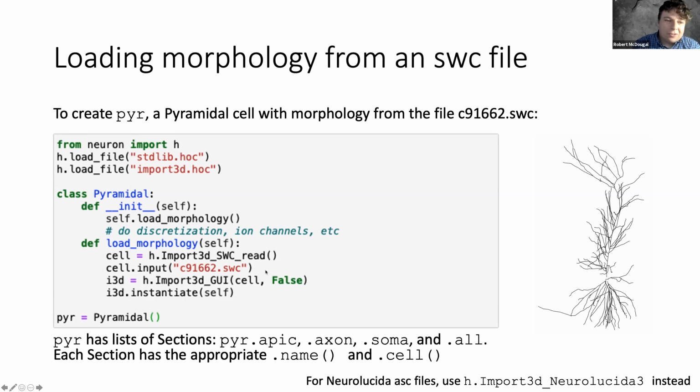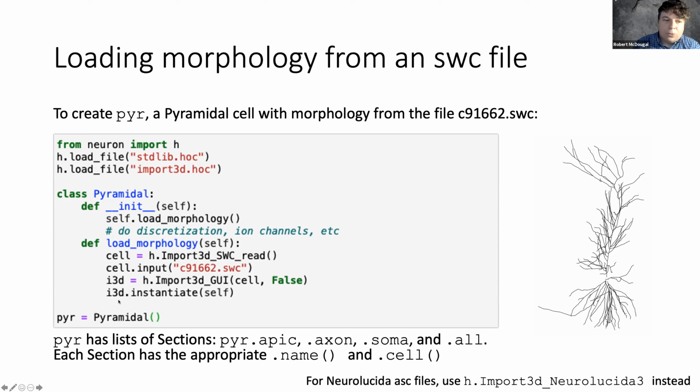So you're always going to construct a reader. You're going to feed it whatever file name you want to read the morphology from, and then you ask the GUI to do a thing. So you pass in whatever you've read. You send in false, which is a flag that says, I don't actually want a graphical interface, but I want the tool to do a thing.